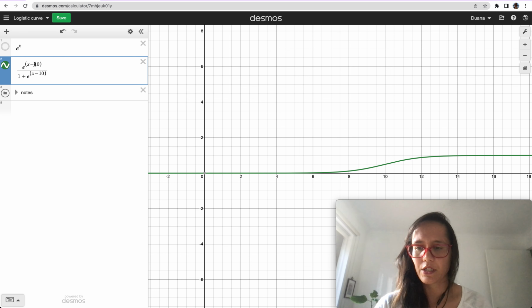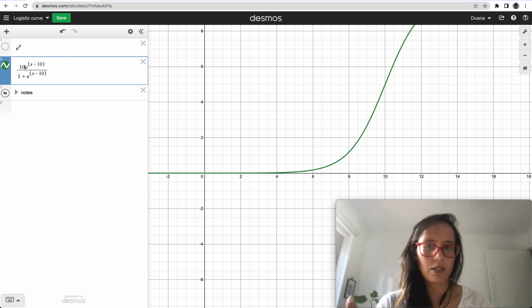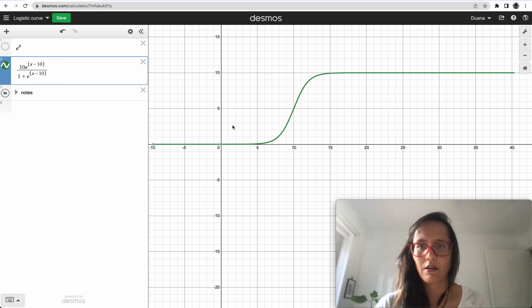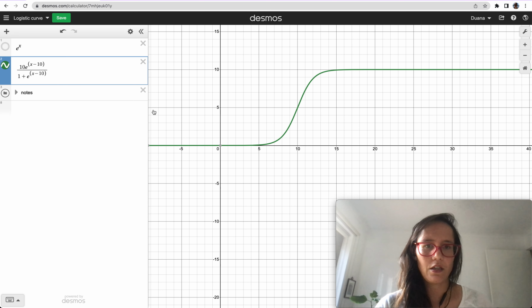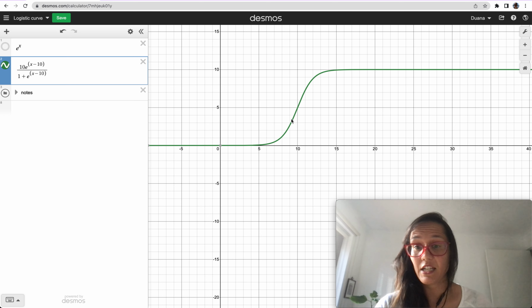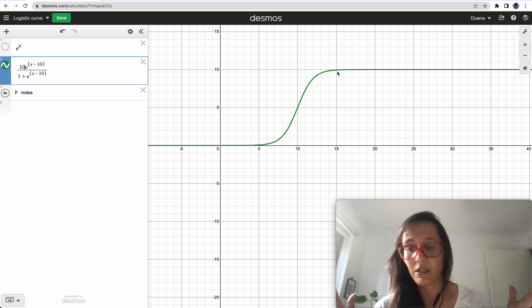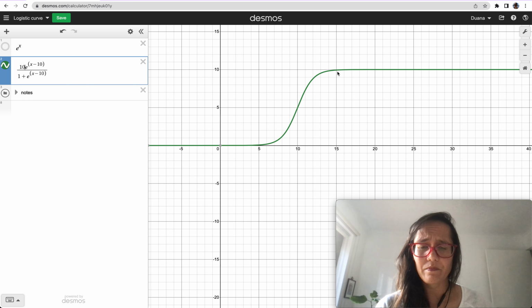This whole expression is going to just be e to the x minus 10 over e to the x minus 10, which is 1. So to stretch it out, I can just say I want to stretch it up to 10 as well. I just put a 10 there on the numerator. And now I can see that it goes from 0 to 10. And again, I can make that 10 million if I'm modeling population.